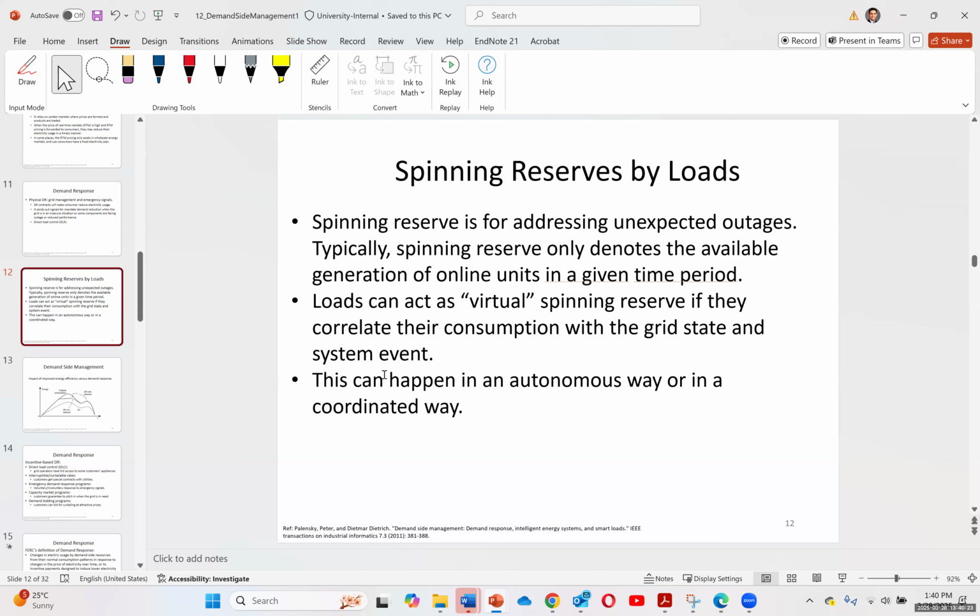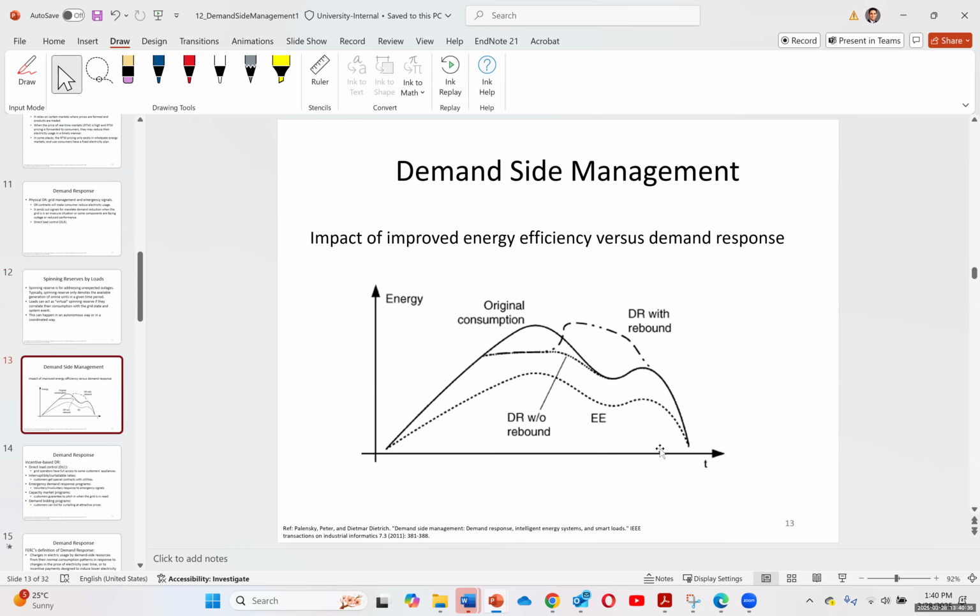Loads can also act as virtual spinning reserve if they correlate their consumption with the grid state and system events. This can happen in an autonomous way or in a coordinated way. This is again an impact of improved energy efficiency versus demand response. You can see this is energy efficiency, which reduces the overall consumption in peak and off-peak hours.